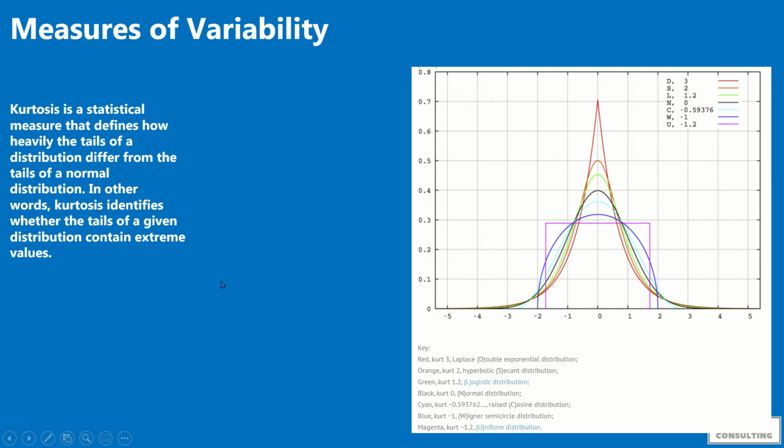And kurtosis again talks about how the tail of the distribution differs, so whether we have extreme values or not. Now, this is quite detailed where we talk about double exponentials and hyperbolic and logistic distributions, but the basic idea here is that the one in black is what we're looking at, which is a normal distribution.